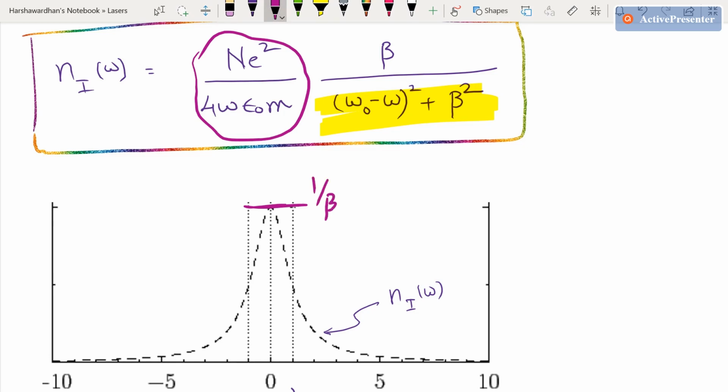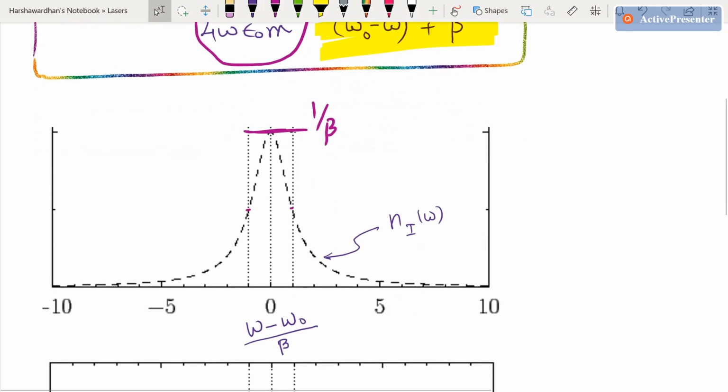You can clearly see that if omega naught minus omega is equal to beta, in that case the denominator essentially provides a factor of 2. That is, my 1 by beta would come down to half of its value where omega minus omega naught is actually beta.